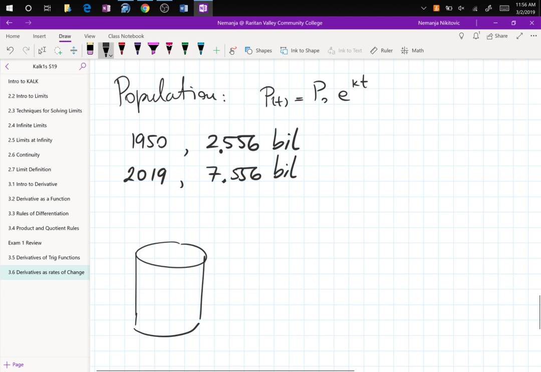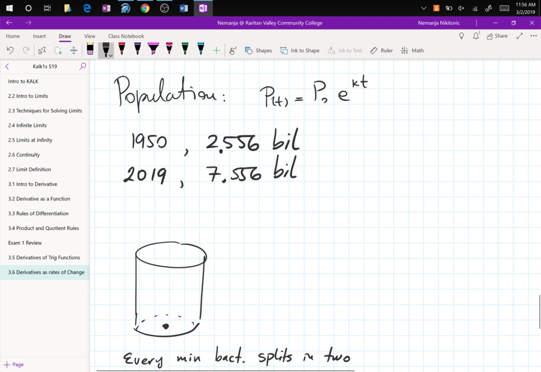Put this to be a can and put a single bacteria on the bottom of this can, and say that every minute this bacteria splits in two. That's how bacteria multiply. They don't go out to dinners and have a night out. They just split in two and now they're two.